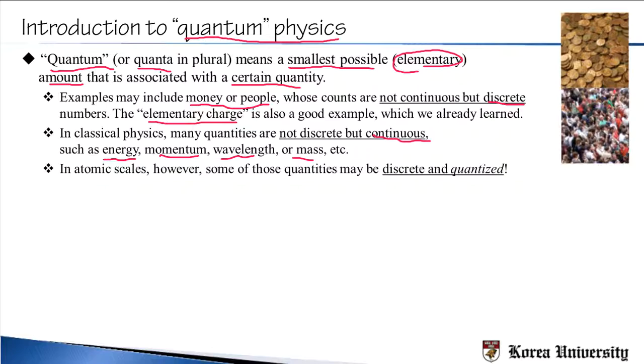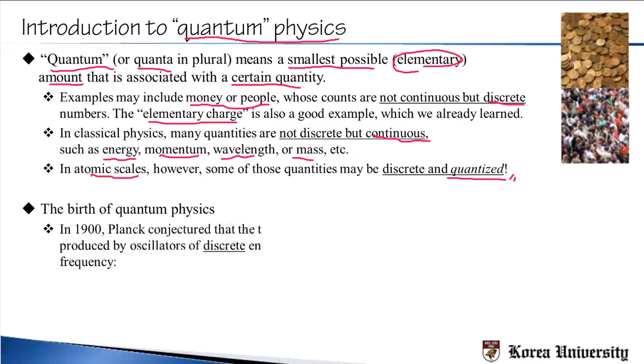It can be any number, right? So they are actually not quantized. They are not based on any elementary amount. But on the atomic scale, interestingly, some of these quantities, actually the energy, momentum, wavelengths, and such, can be discrete and quantized. Okay, we will learn about this in detail later.